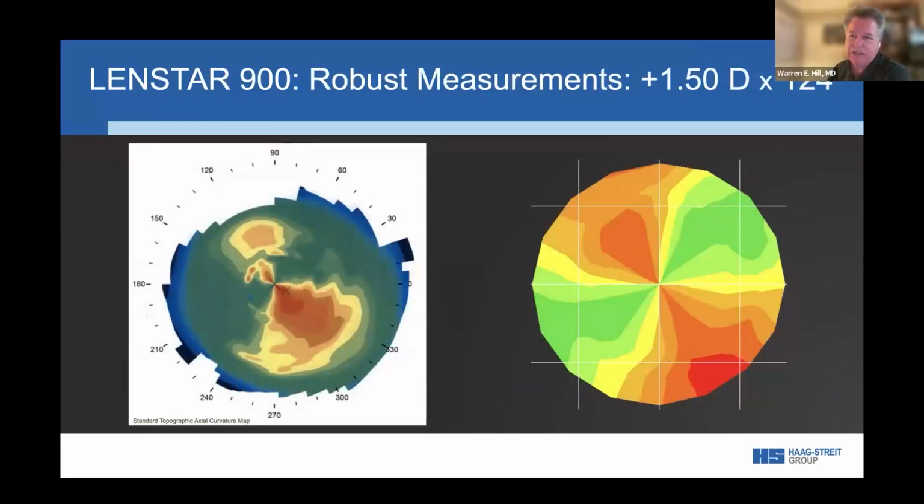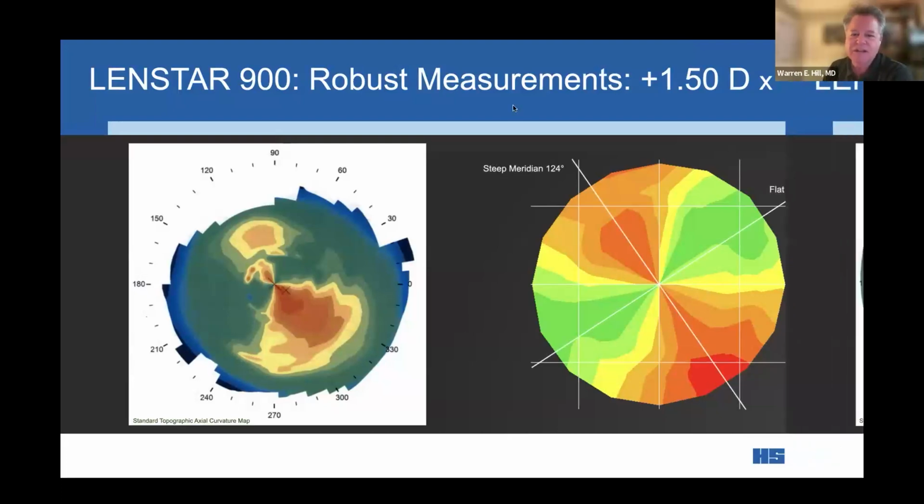So I specifically took some axial curvature maps of my own patients that had a funky ocular surface. And if we look at the central 3 mm with this new central curvature map, you can see how obvious it is where the steep meridian is for the toric IOL. And we'll just go through a few examples here.